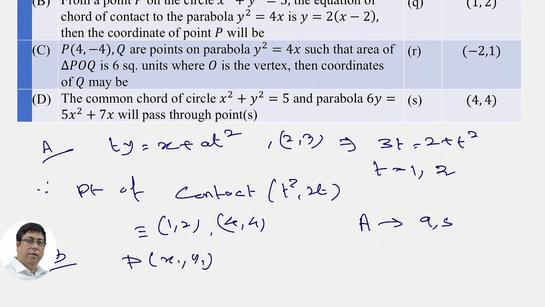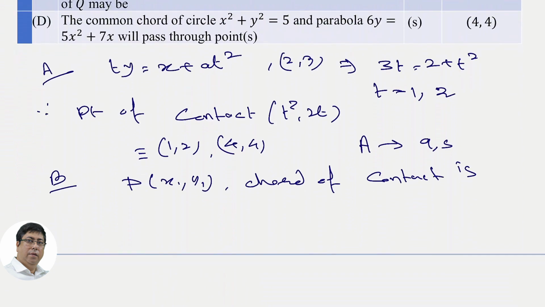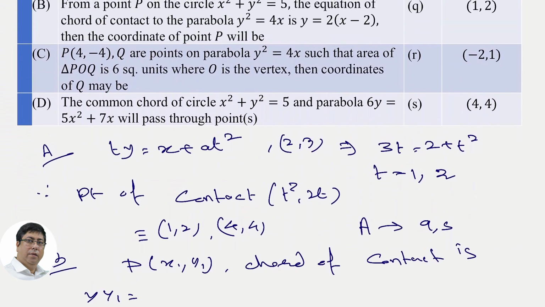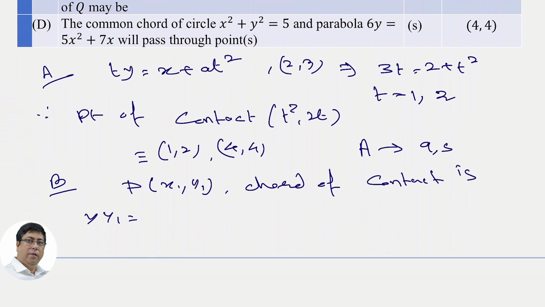Therefore, chord of contact is as if tangent y into y1 equal to 2a into x plus x1. In this case the parabola is given to be y square equal to 4x, that's a equal to 1, therefore 2 into x plus x1.